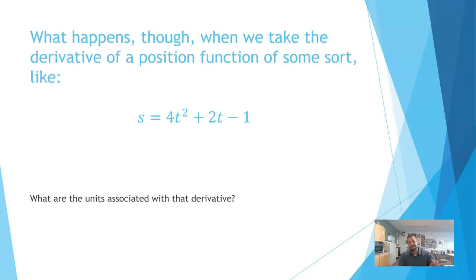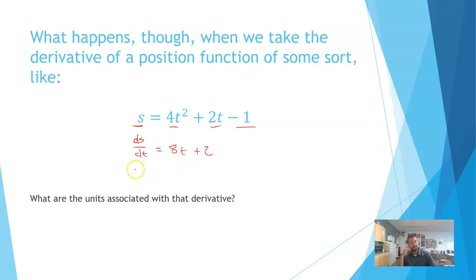As a different side note, let's say we were looking at this function. This is a position function, s equals 4t squared plus 2t minus 1. If I were to take the derivative of this position function, I would get ds dt is equal to 8t plus 2.